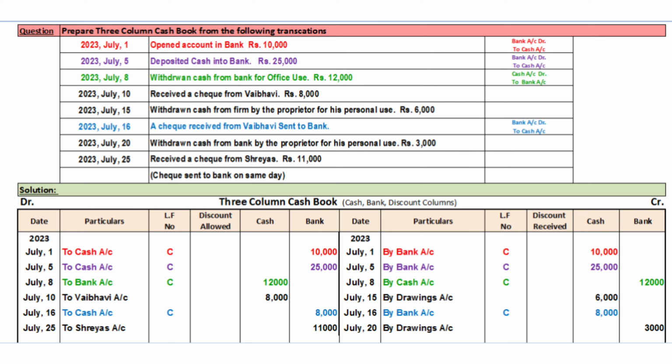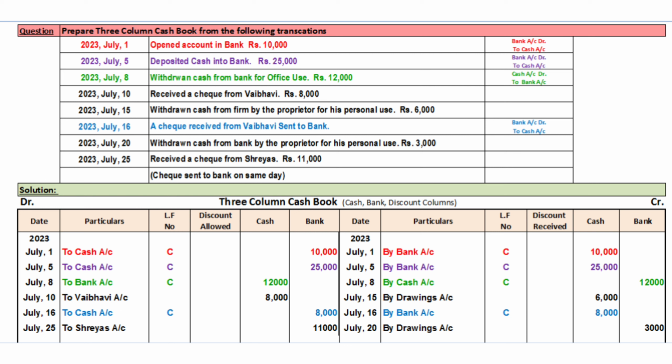If the information is available, it is recorded in the bank column. If no information is given regarding the cheque being sent to the bank on the same day, it is recorded in the cash column. For outgoing cheques, that means if the organization issued cheques to another person, we need not observe whether the cheque was deposited or not. It is recorded in the bank column only.